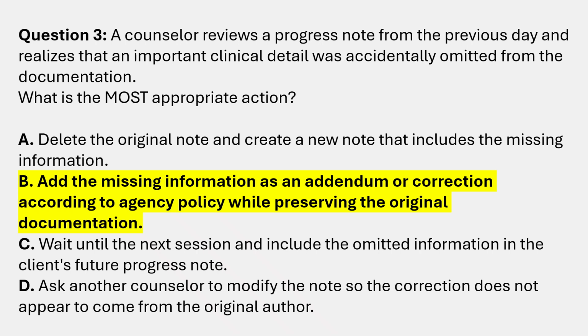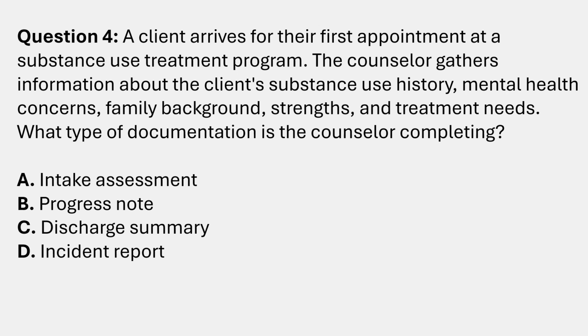C is incorrect because delaying the correction may result in an inaccurate clinical record. And D is incorrect because documentation corrections should be completed by the original author and handled according to your agency policy.